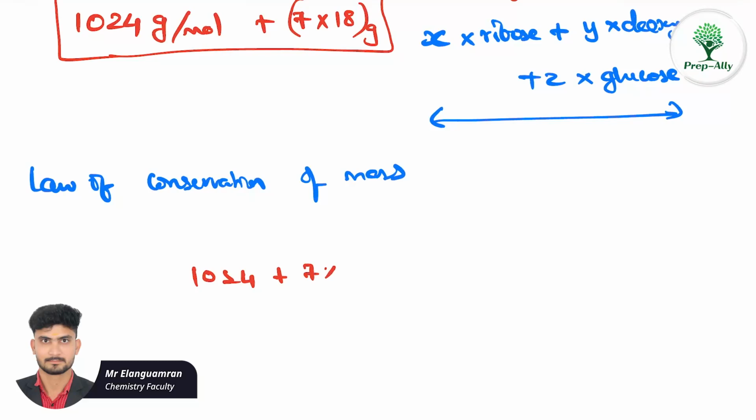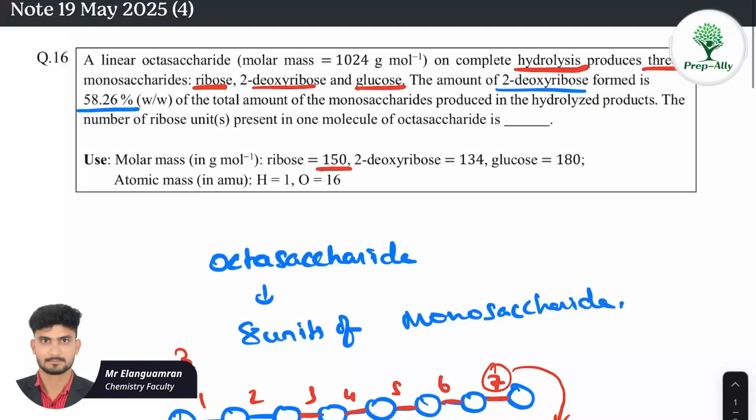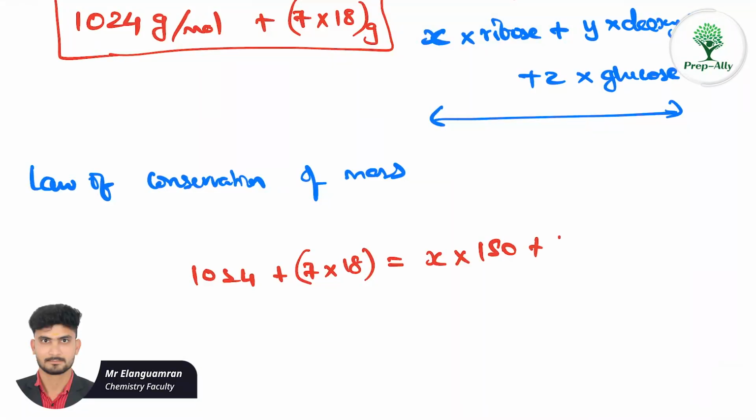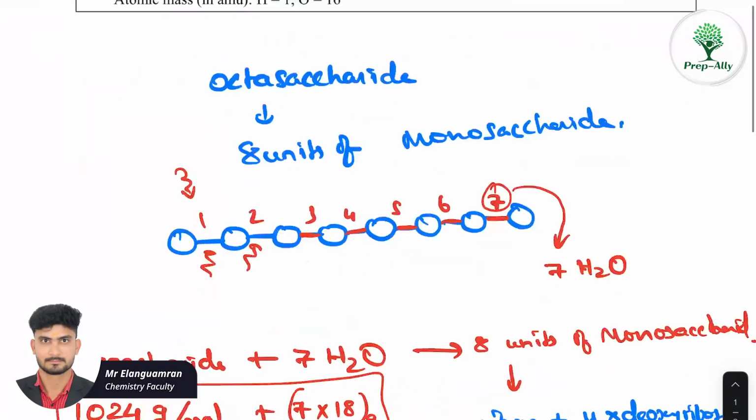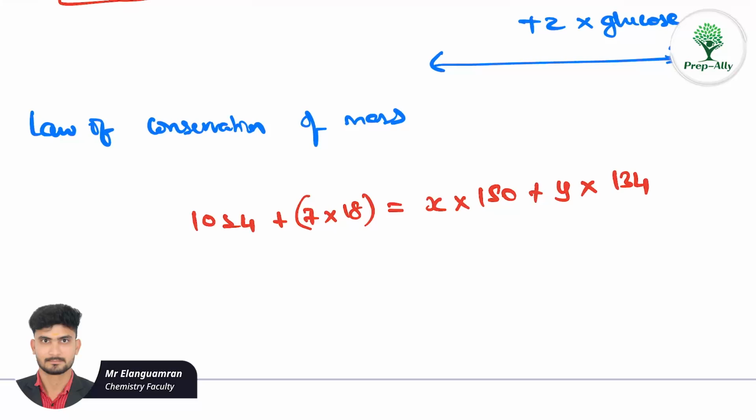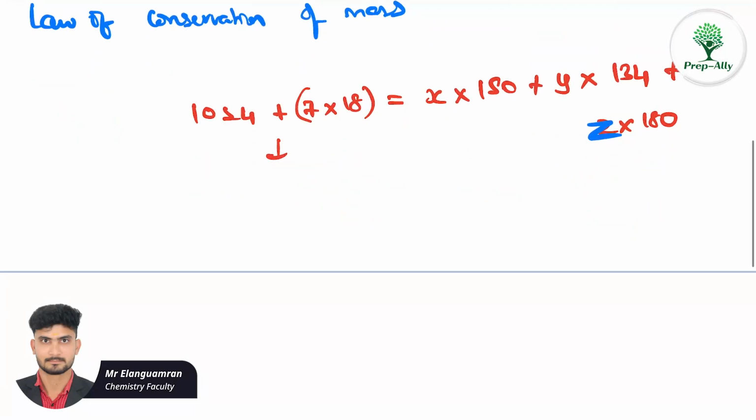So I can say 1024 plus the weight of 7 water molecules will be equal to X into the weight of ribose. The weight of ribose is going to be 150, plus Y units of deoxyribose. One is going to weigh around 134, so Y molecules will weigh Y into 134, and I have Z into 180 because of glucose. This is Z, don't take it as 2. Okay, now what is this number? This number is going to be 1150.